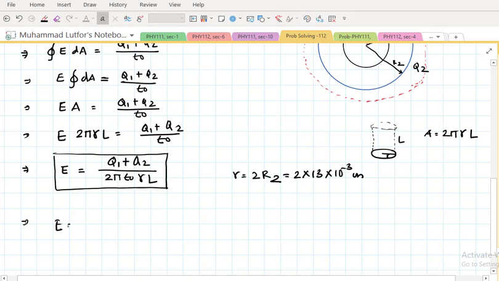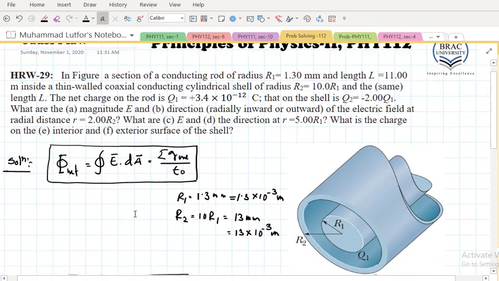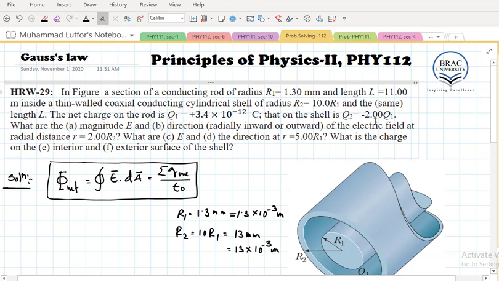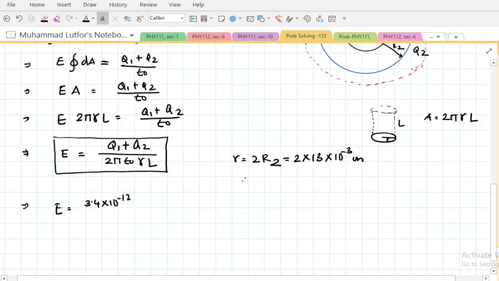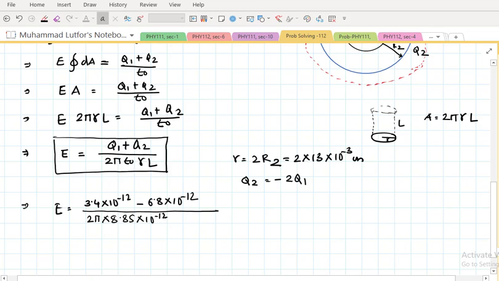What would that be? Q1 is basically 3.4 into 10 to the minus 12, and Q2 is given as minus 2Q1, right? So Q2 is basically minus 2Q1. So we get minus 6.8 into 10 to the minus 12 divided by twice pi into 8.85 into 10 to the minus 12, which is epsilon naught.